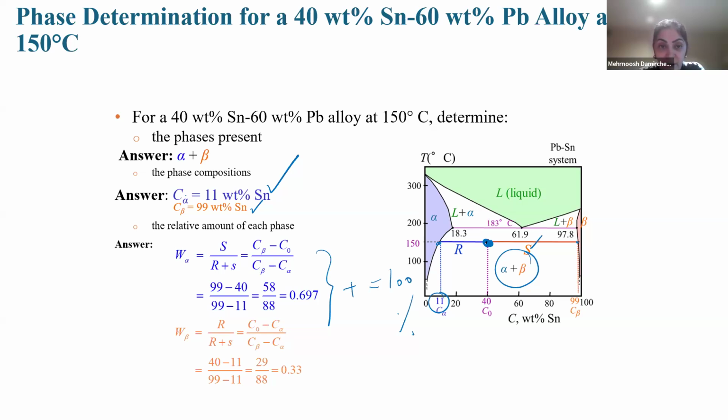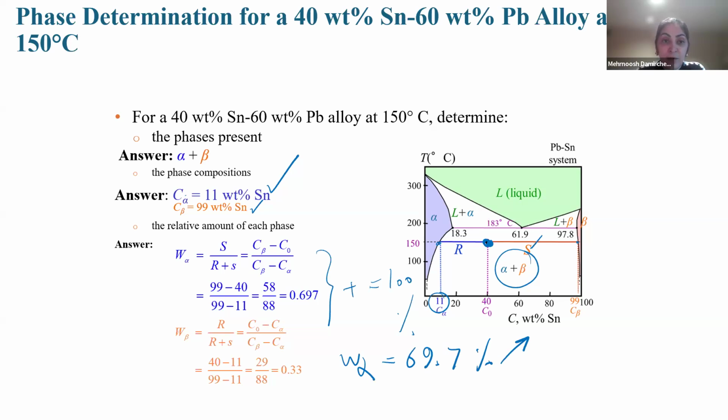It is 99 minus 40, the composition related to this point, and the total is 99 minus 11. So W alpha is 69.7%.